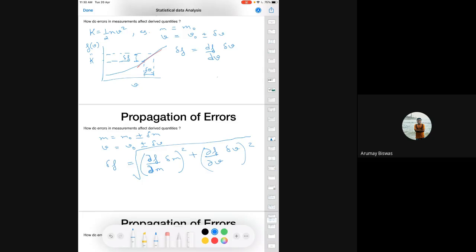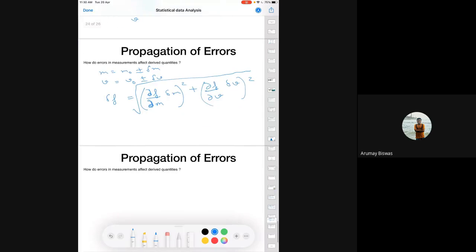So let's see how the addition and subtraction rules follow from here.